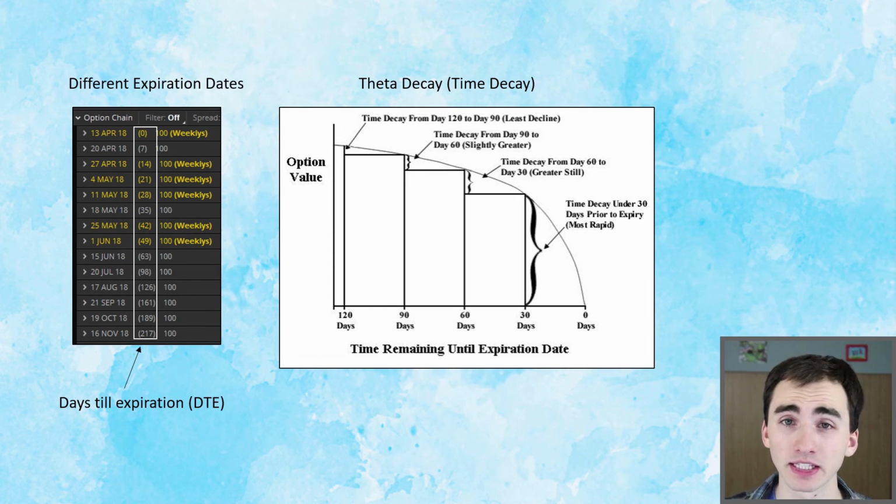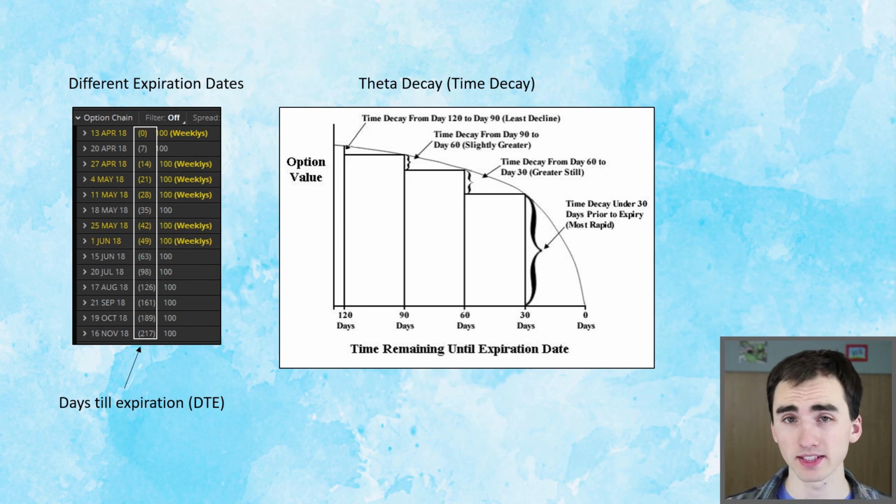Just because the closer expiration options are cheaper, like 10 days out or 7 days out, that doesn't necessarily mean it's going to be easier to have a more profitable trade. Giving yourself more time, 30 to 50 days or 60 days depending on what you're doing, might be a better way to go, because your option won't be losing value as quickly as time goes on.